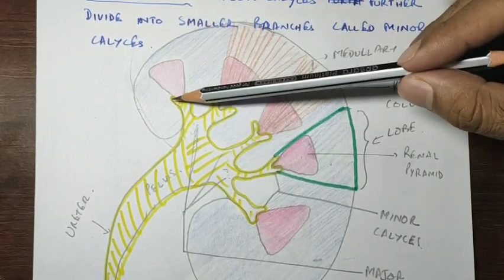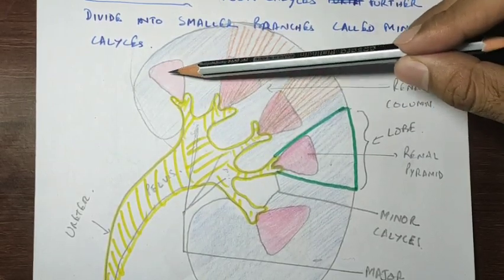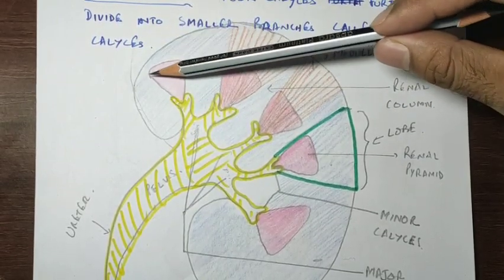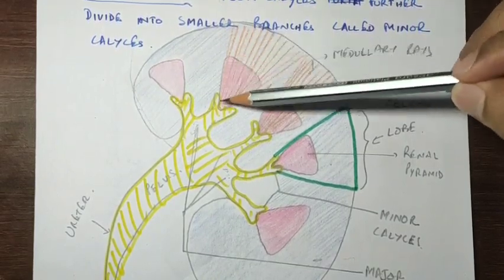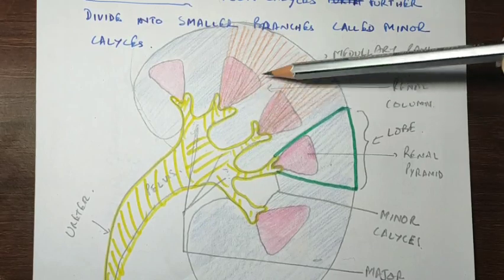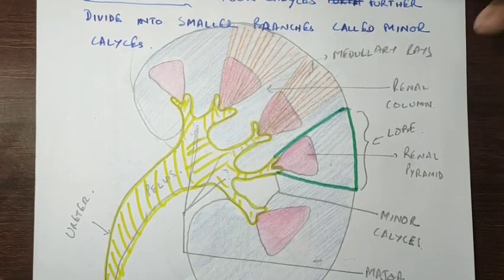Now these minor calyces will be situated underneath an inverted triangle, which is called a pyramid. This pyramid is mainly made up of striations, longitudinal parallel lines coming towards the tip or the apex of the triangle.